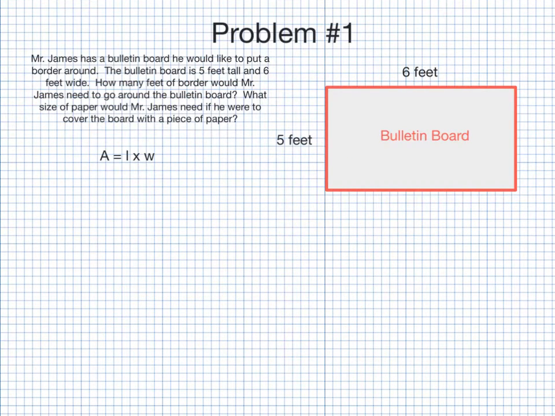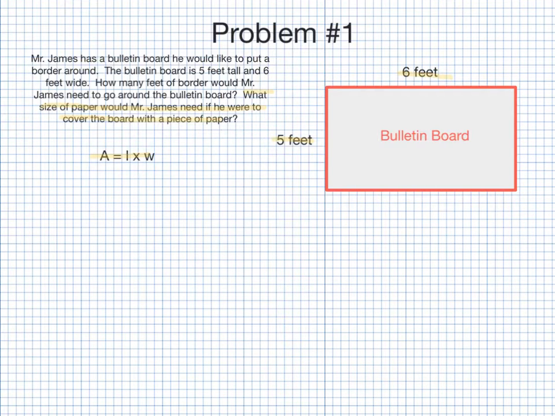The final part of this problem is finding the area of the bulletin board. Again, the area formula is defined to be area equals length times width. And we have a length of 5 feet and a width of 6 feet.